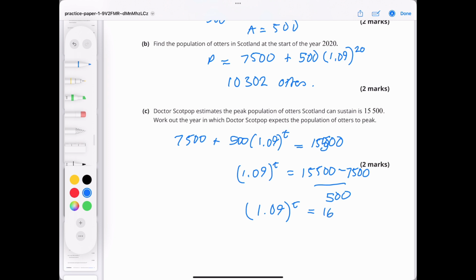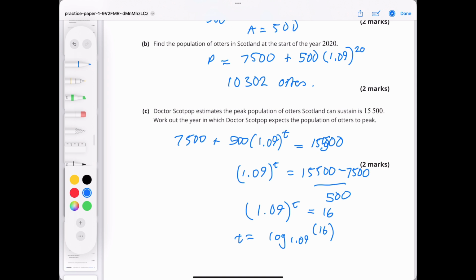So if we take logs of both sides, t equals log 16 over log 1.09.